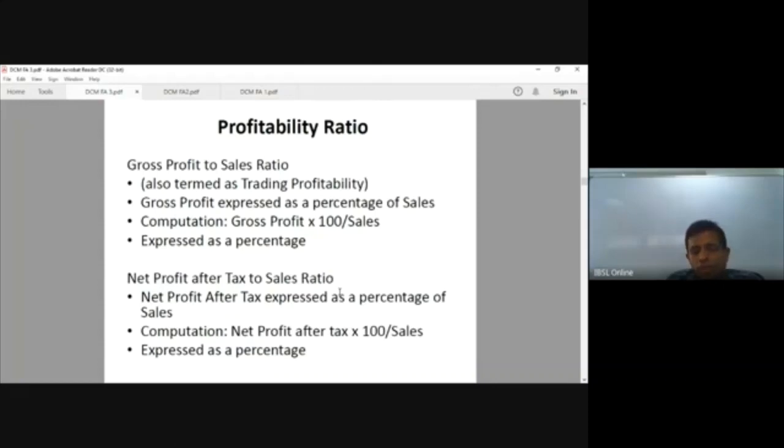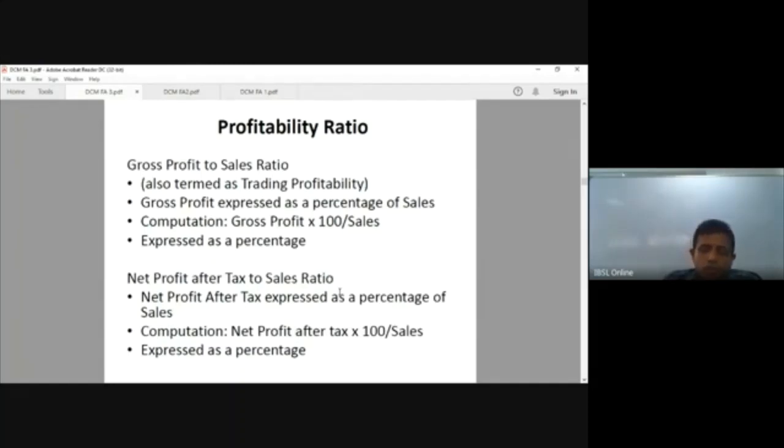Under profitability, the second ratio is the net profit ratio. Similar calculation to the gross profit. For the net profit ratio also, we take the net profit after tax, divided by sales into 100.